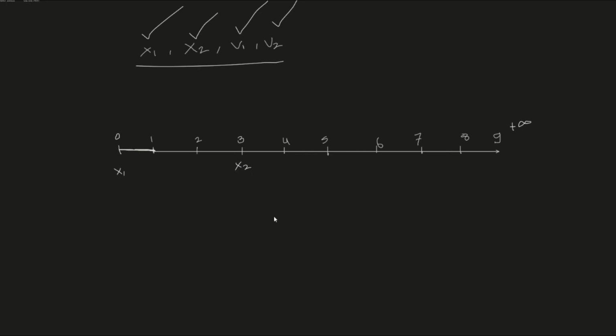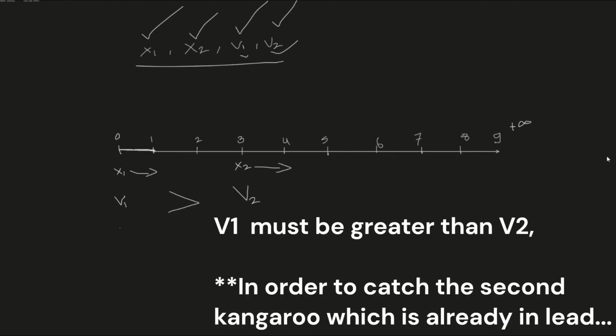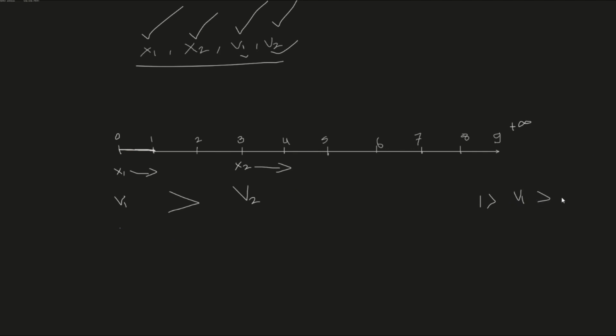Imagine that when they start jumping towards positive infinity, the first kangaroo will travel with velocity v1 and the second with velocity v2. So the basic logic is that the velocity of the first kangaroo must be greater than the second. So we got the first condition: v1 must be greater than v2.